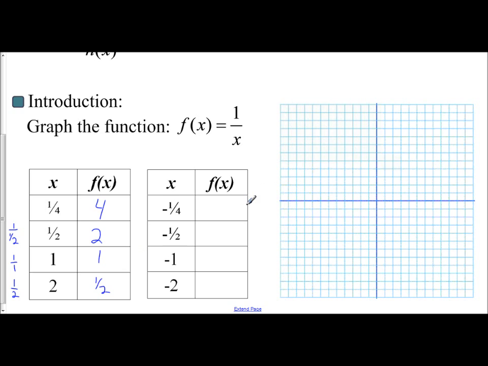So if I flip it around and do this side, if I start to work with negative 1/4, negative 1/2, negative 1, negative 2, if I do 1 over negative 1/4, I would get negative 4. If I do 1 over negative 1/2, I would get negative 2. 1 over negative 1 is negative 1, and 1 over negative 2 is negative 1/2.